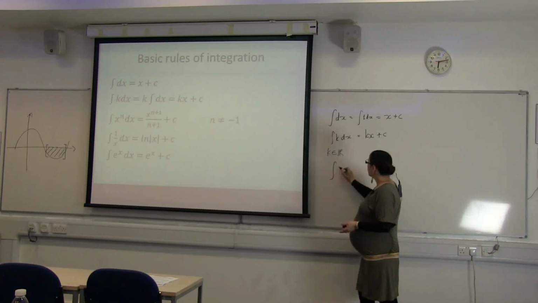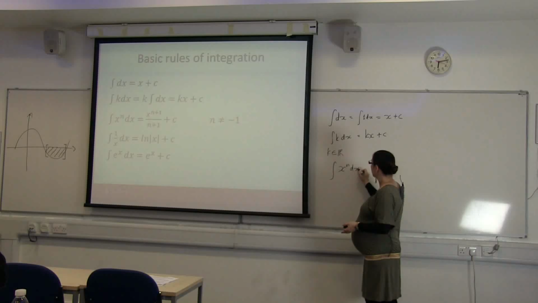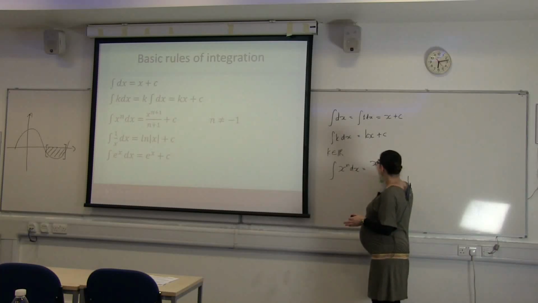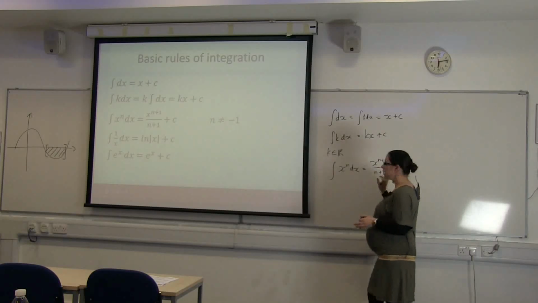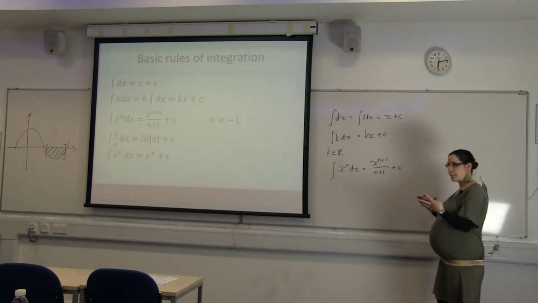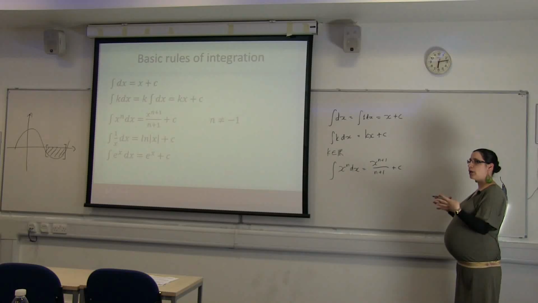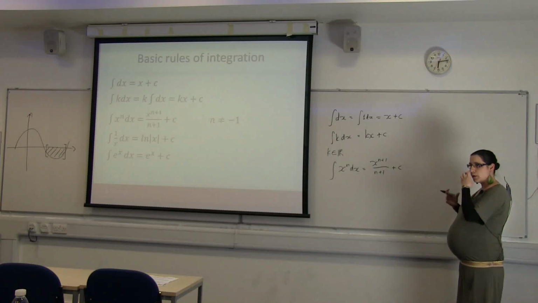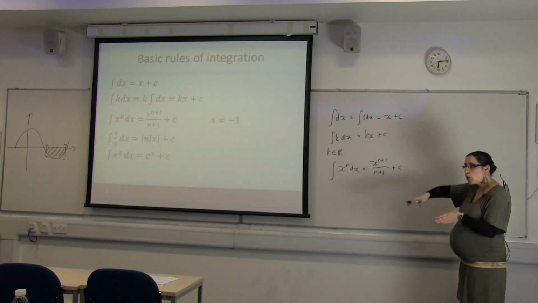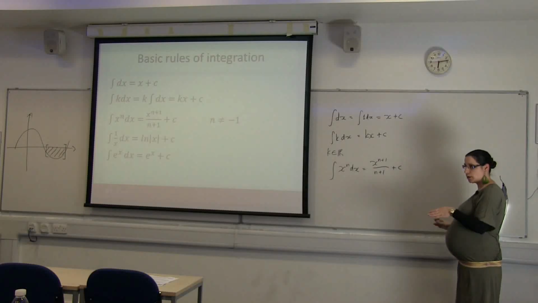Now, this rule might seem a little bit overkill, but we need to think about what's going on in here. If you have a power function, what do you do when you need to differentiate that? You bring the power down and you lower the power by 1.